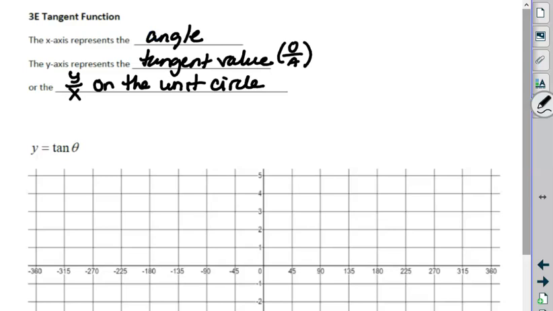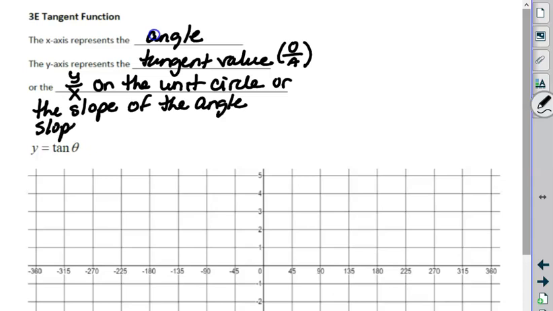And y over x tells me slope, or the slope of the angle. We could also think of that as the slope of the hypotenuse of the triangle on the unit circle.